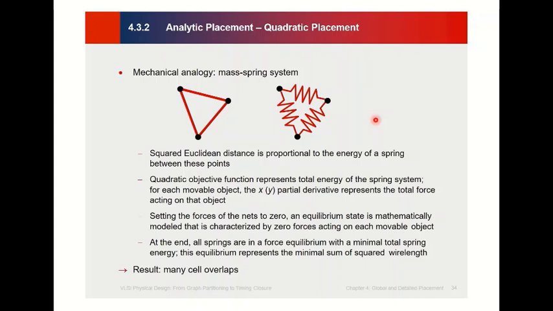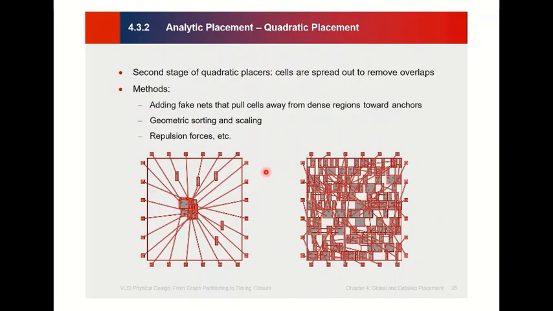So the next cell must be outside of the boundary of the first cell. But the solution may give the location for the second cell inside the area for the first cell. So they tend to overlap. As illustrated here, so many cells want to be at locations very close to each other.